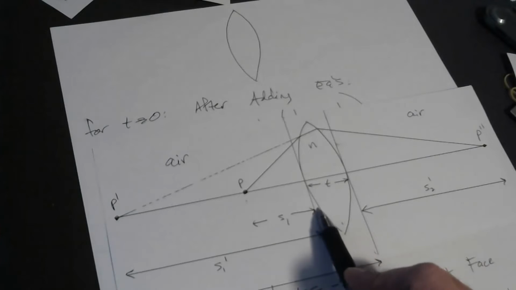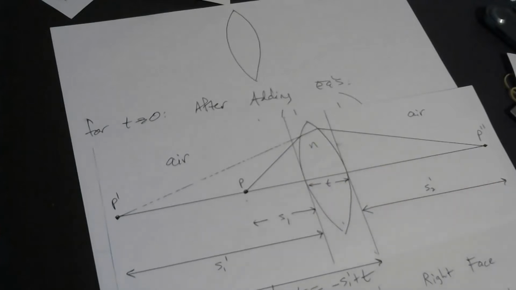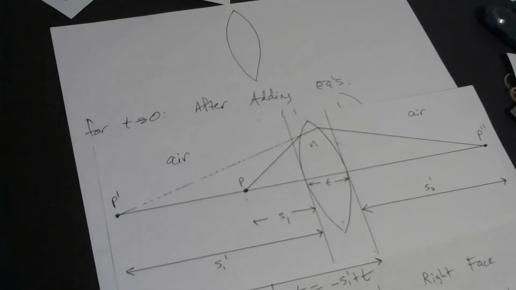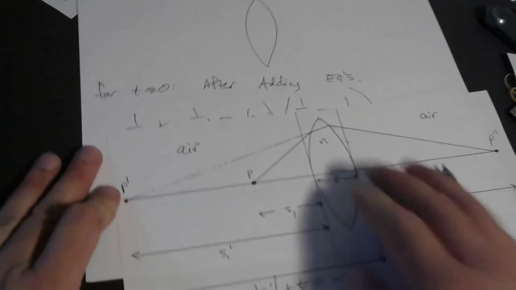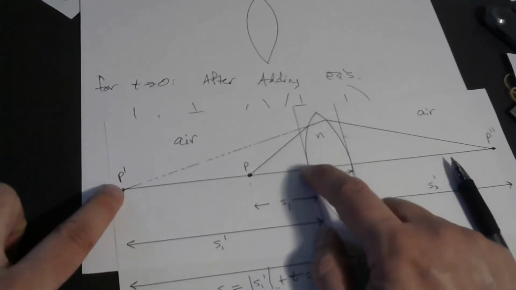Let's look back at the picture. It's no longer necessary to distinguish between values of S for the left face and values of S for the right face. Let's just regard the whole thing as a single optical element. It's a thin lens, and we'll use simpler notation. Instead of S1 and S2 prime, remember, S1 is how far the object point is from the front face of the lens.